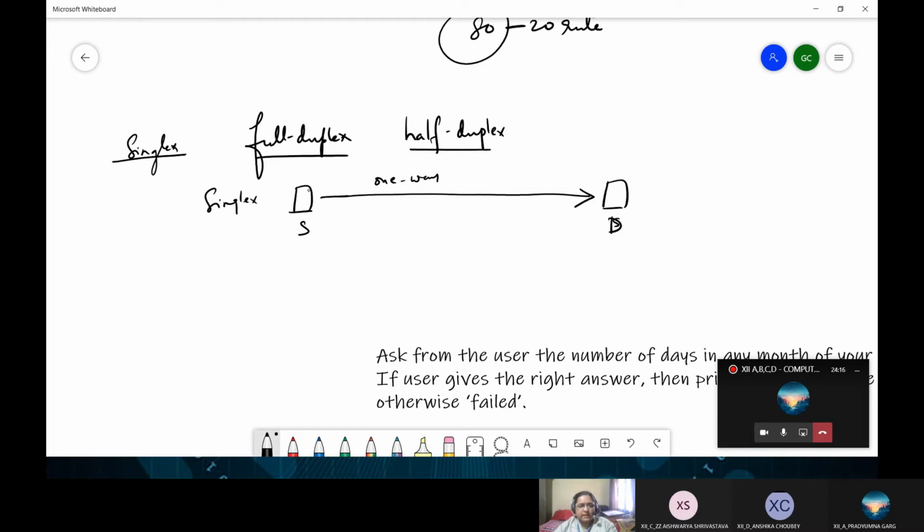That is, the communication is always in one direction, like the television. When you are watching a television program, it comes from the television broadcasting station to your television, in one direction only. You cannot revert back, you cannot communicate back. That is simplex.